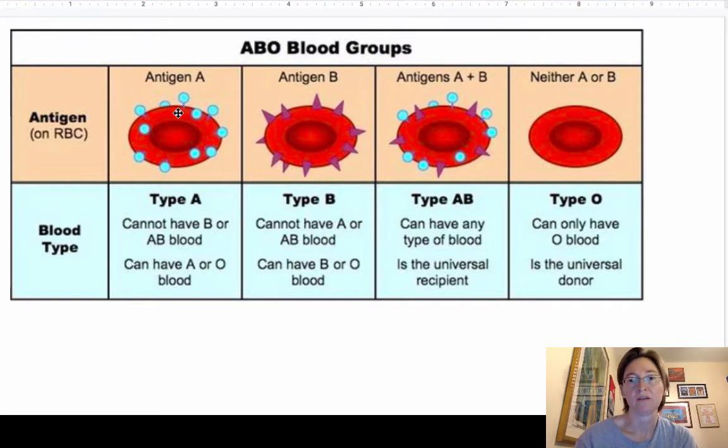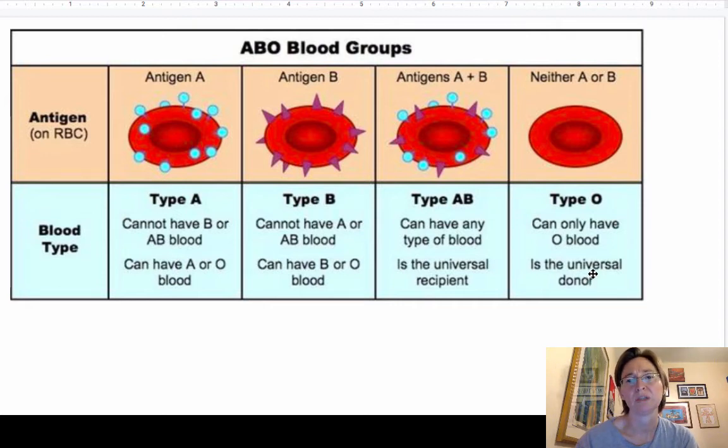If you have type O blood, your immune system is not used to any of these antigens. So if you receive blood from type A, type B, or type AB, you die. Bummer. And yet you can give, it's like the giving tree, right? You can give, but you never receive.